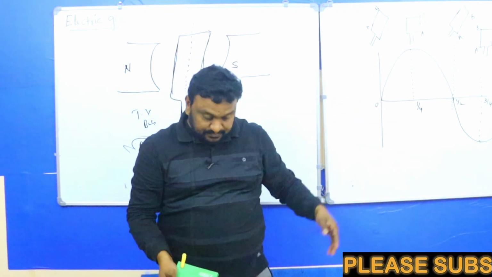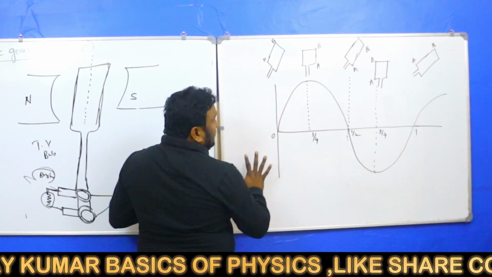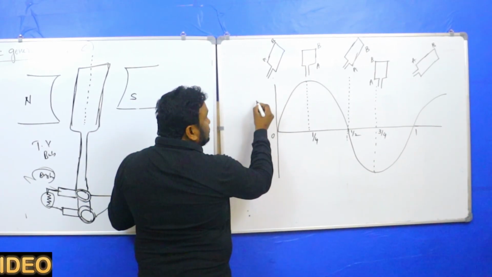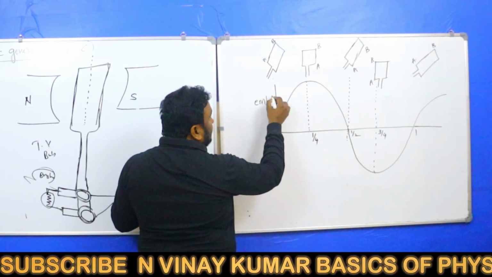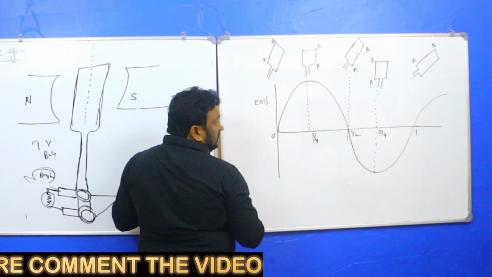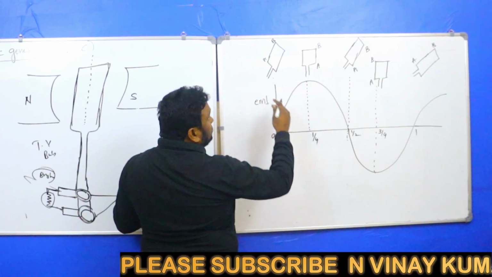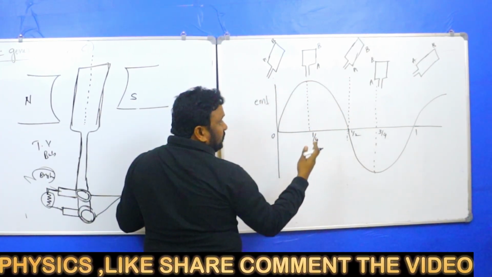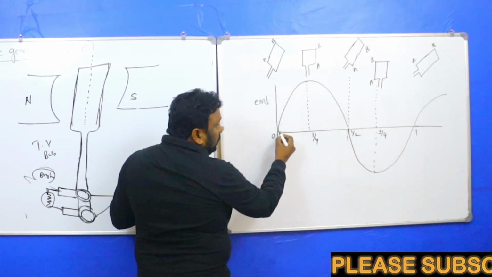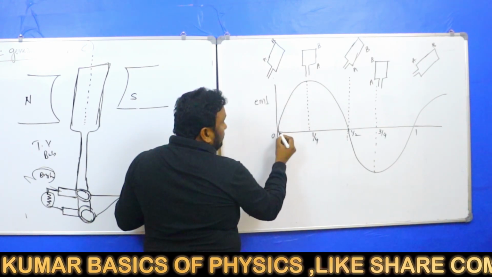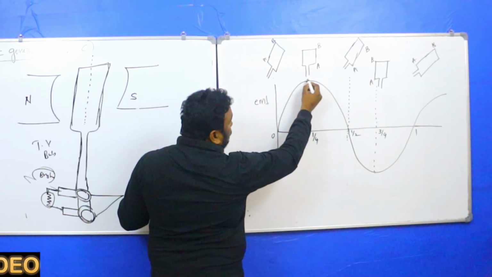Let's discuss. Look here in this diagram, the induced EMF is taken along the y-axis. Clear? So how is the EMF going to change with respect to time? I already told you, from here to here, for example, I am going to say this is OP.